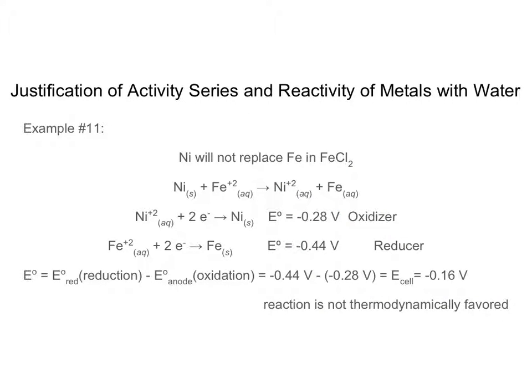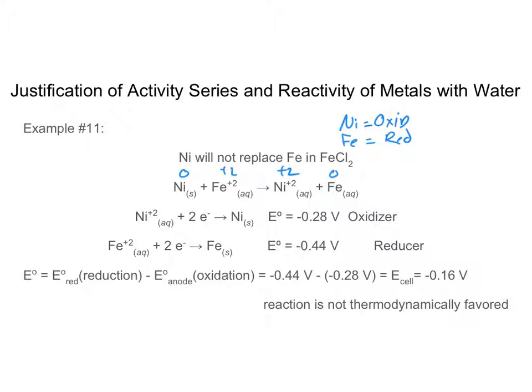Nickel, however, will not replace iron in iron chloride. So we have a 0 and a +2. That tells me that nickel has lost electrons, so it's oxidizing. And iron is +2, and it becomes a 0, so that is reducing.